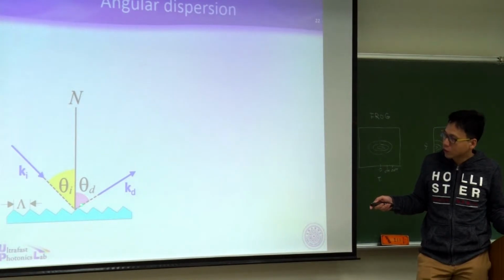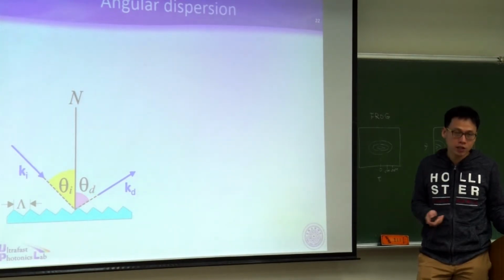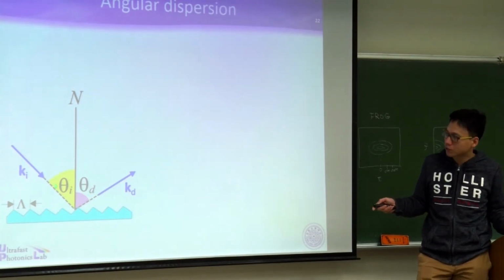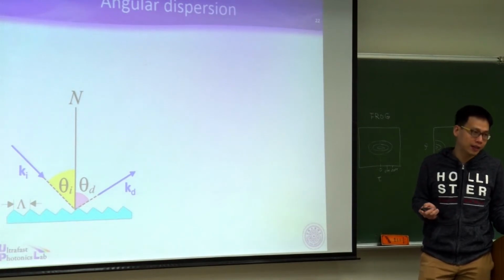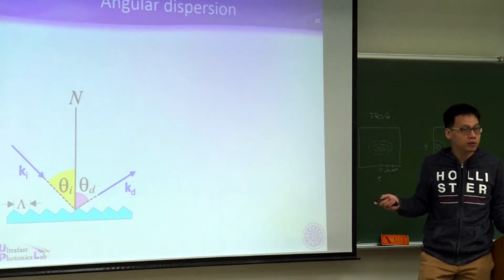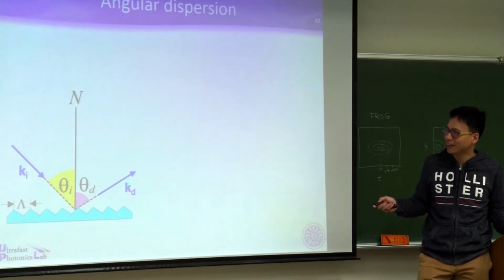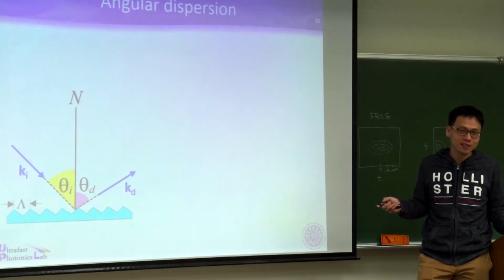And after the grating, the wave vector is changed to the kd vector, okay? With a different orientation because the diffraction angle theta d is different from the incidence angle theta i. How about the length? Kd vector's length.